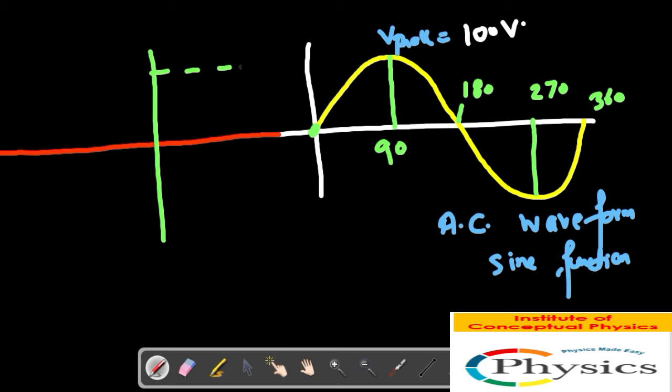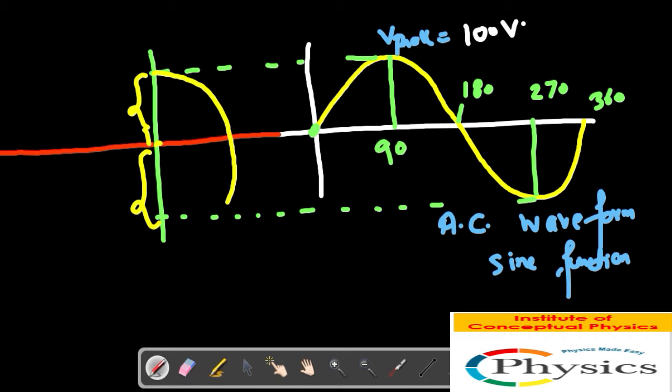This is the peak value on the other side, and these two are equal, and what I do is I draw a circle. That's my circle, and this is the peak value, V peak.